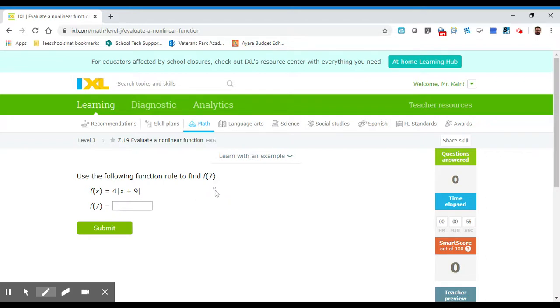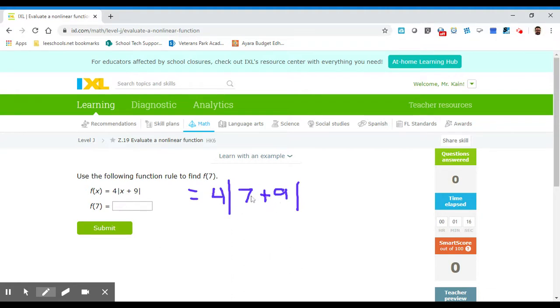So for absolute value, we're going to put our x of 7 plus 9 and close our absolute value here. Okay, so absolute value and parentheses work in a similar way.